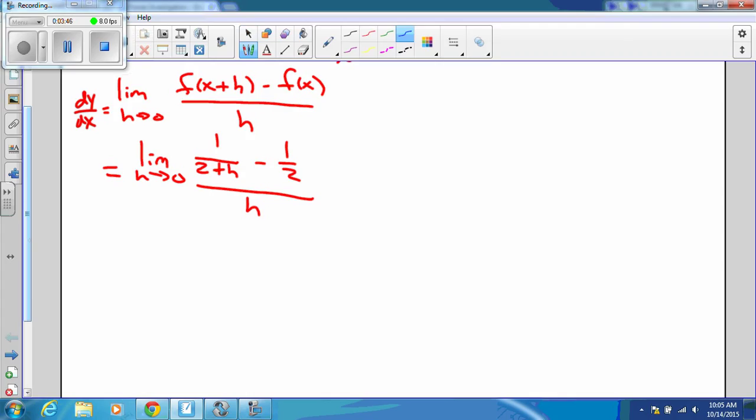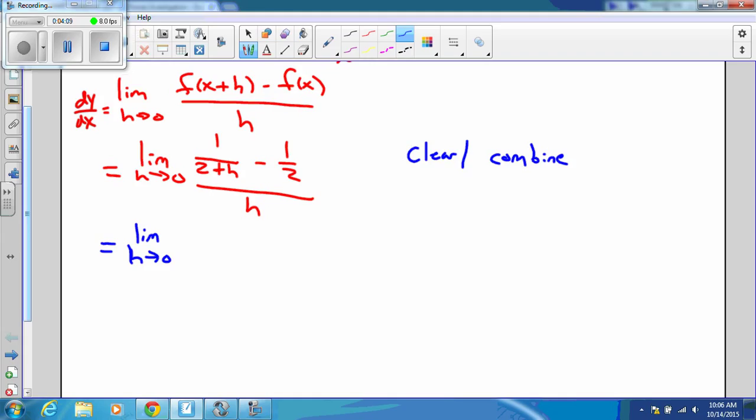And the answer is I'm going to clear the fractions or combine the fractions. I can either clear or combine. Most of the work that I've seen has involved combining the fractions, so let me do that at this time, and then I'm going to come back and show you how clearing the fractions is actually preferable.